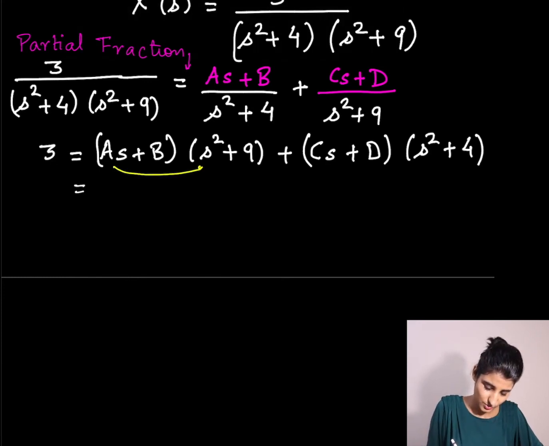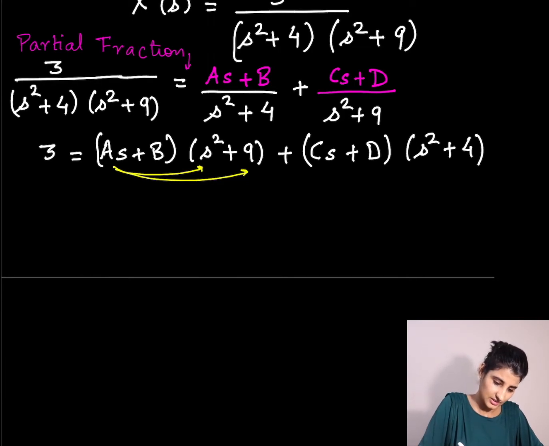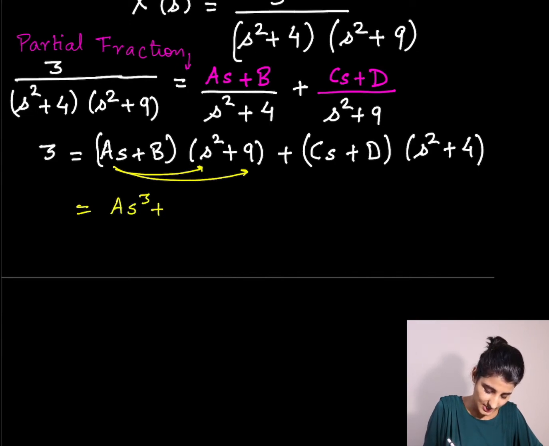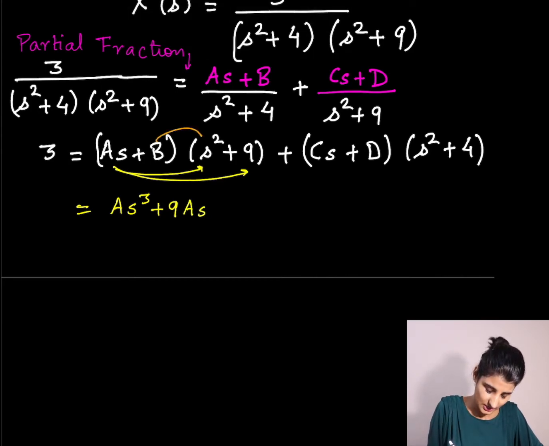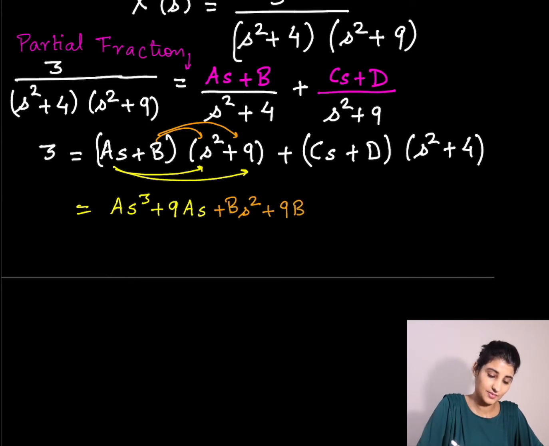So we distribute as and we will get as cube plus 9as. Then we will distribute b and we will get bs square plus 9b.